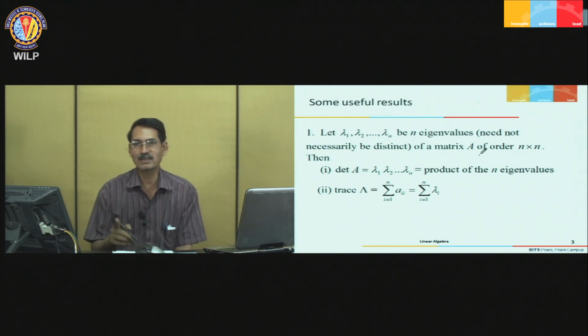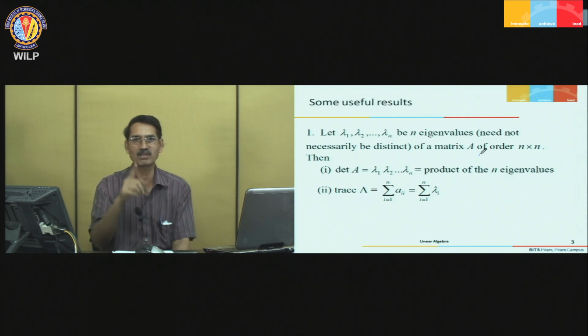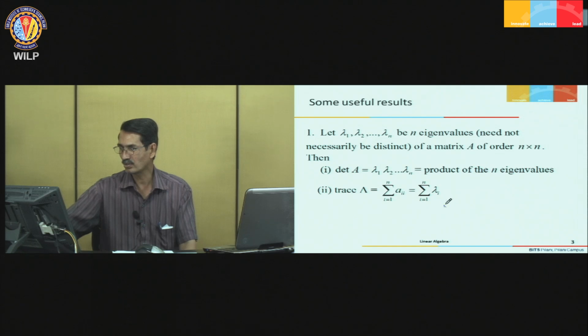So, if lambda 1, lambda 2, ..., lambda n are the n eigenvalues of a matrix, then the trace, A11 plus A22 plus A33 and so forth plus Ann, will be equal to lambda 1 plus lambda 2 plus lambda 3 and so forth plus lambda n.